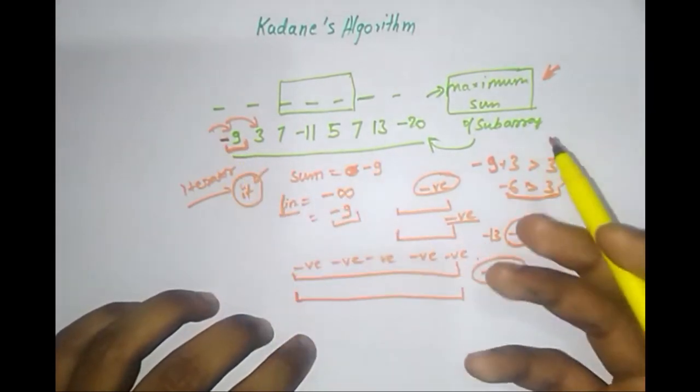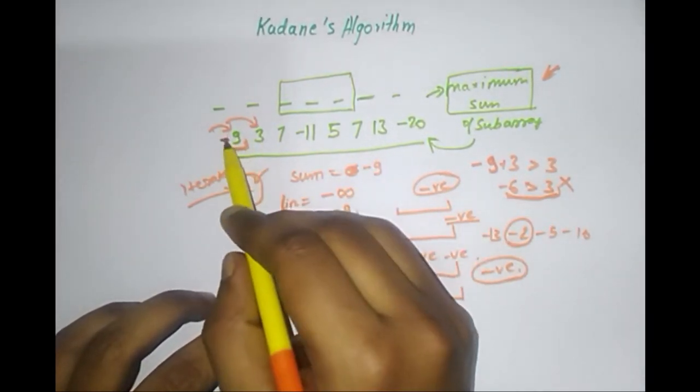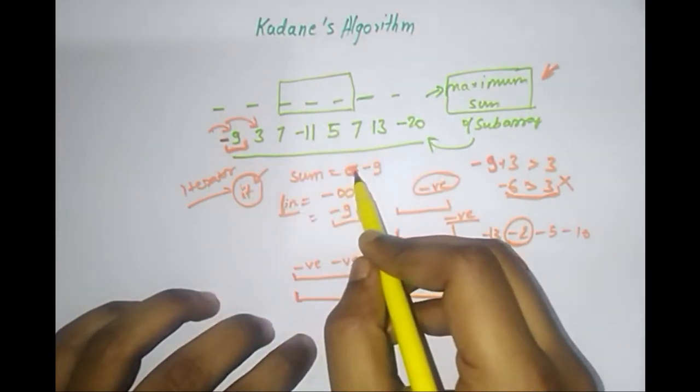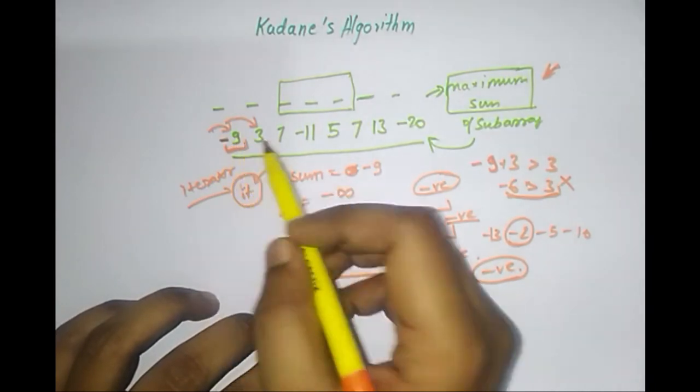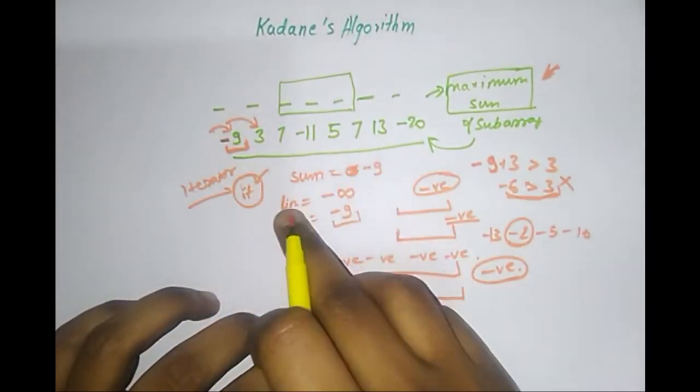Obviously if we consider this one, then our sum will decrease, but if we do not consider this one, then our sum will be 3. Obviously 3 is greater than minus 6.